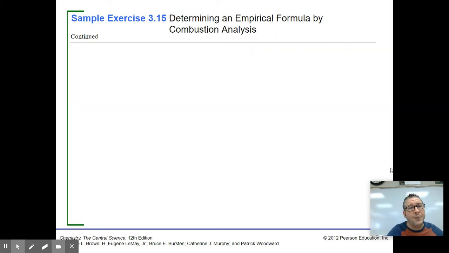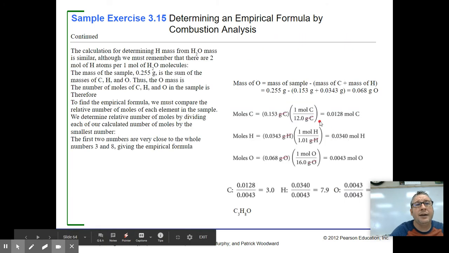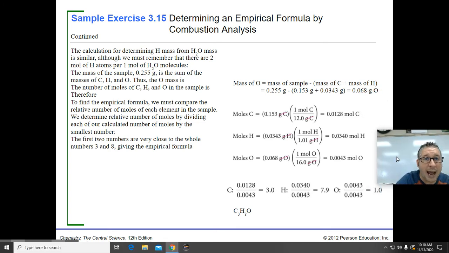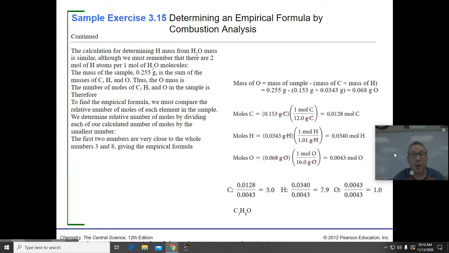So what we need to do is add the mass of carbon and the mass of hydrogen and subtract that sum from our initial sample size, which I said was going to be very important, of 0.255 grams. And we find that we have 0.068 grams of oxygen.